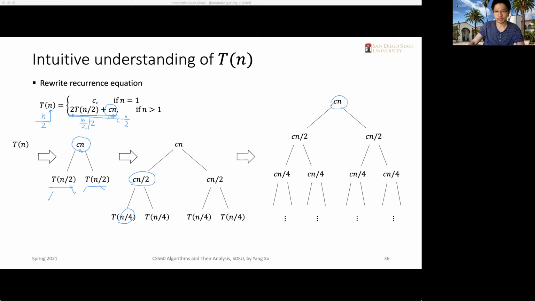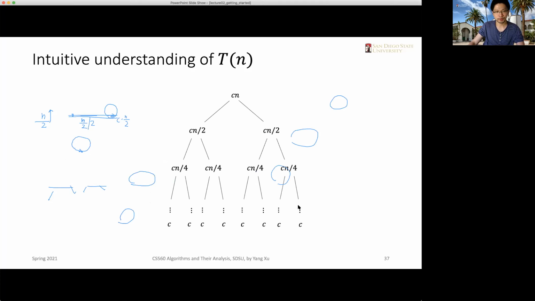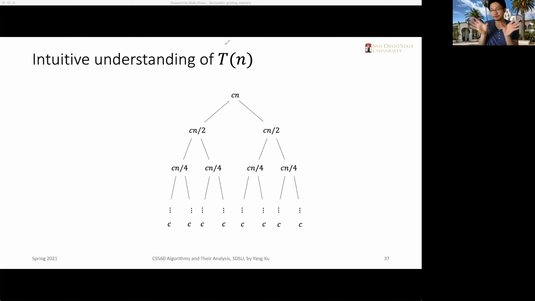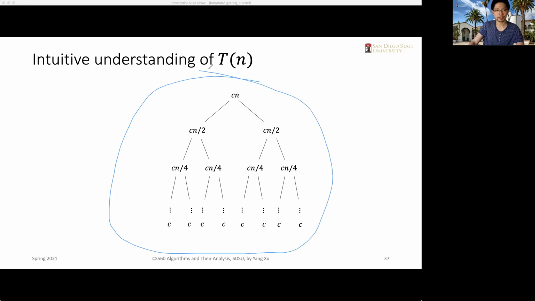They decrease from c times n to c times n/2, c times n/4, until we reach the point where we reach the constant c. And that is our smallest subproblem of size 1, because when we further split a sequence, we can always reach 1, right? So that is a complete tree view of the total running time.